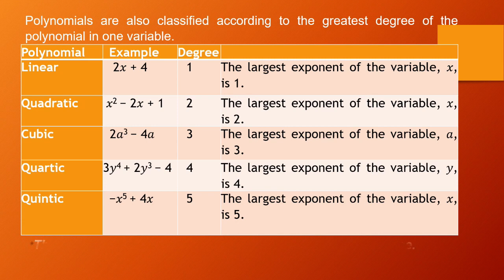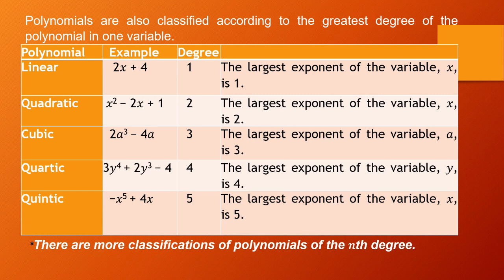The degree is 4. The largest exponent of the variable y is 4. And next, quintic. Example, negative x raised to 5 plus 4x. The degree is 5, since the largest exponent of the variable x is 5.